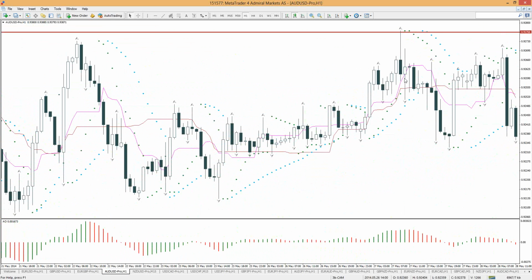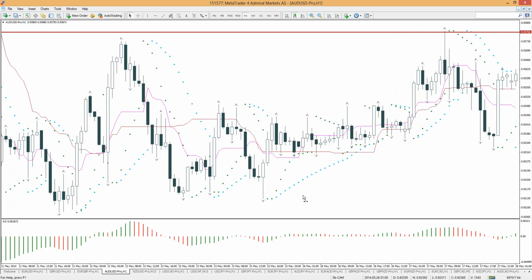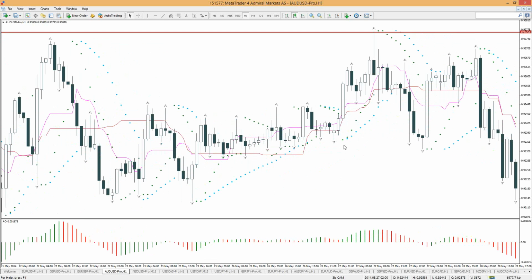So there's a loss example, and there are going to be some, of course. Many are filtered out, though, just because the Tenkan is flat, or they're not aligned as yet, or they're aligned but you just don't get pushed through the parabolic, and then you get a new trend already back in the opposite direction. So you do get quite a lot filtered out. That's good.